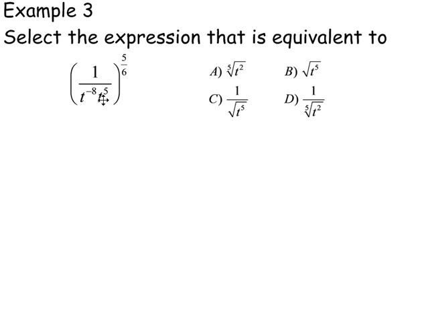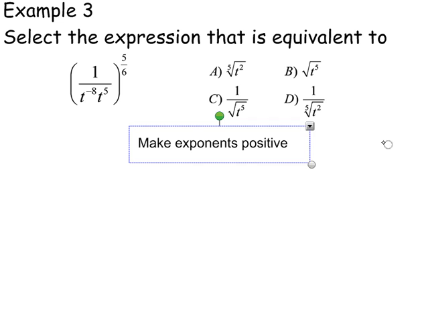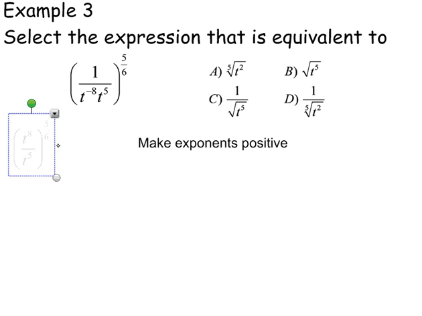Okay, so first you want to make the exponents positive. So let's do that then. In order for that to happen, t to the negative 8 has to move to the numerator. So we get t to the 8 over t to the 5th, inside the parentheses, raised to the 5 over 6.